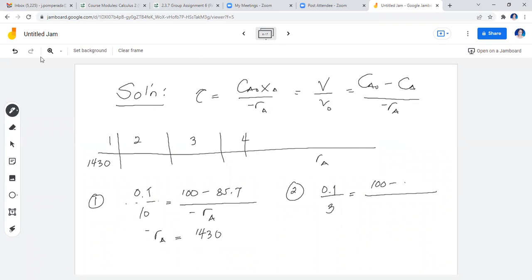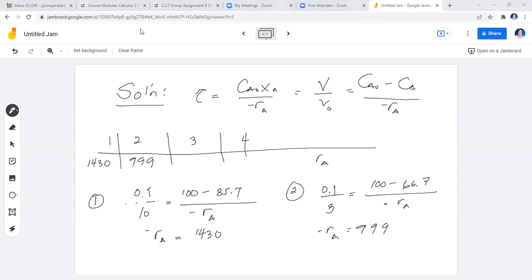It will give you the second rate, which is 999. So you write here 999.